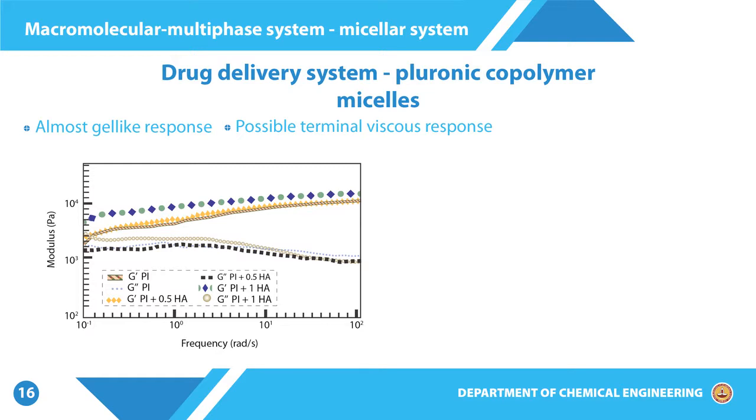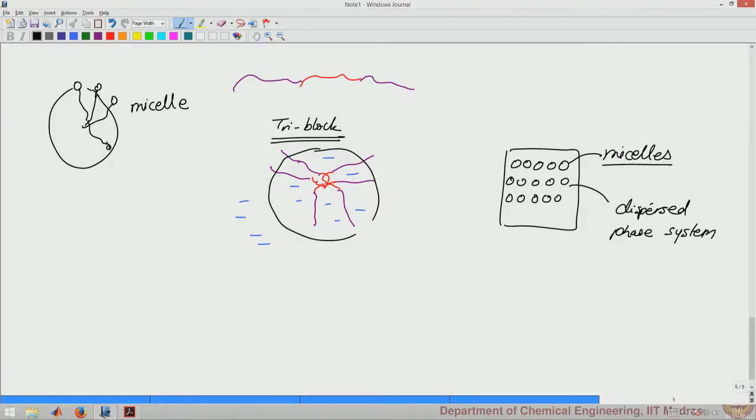One can say that these are pluronic gels that are being studied, and the gel like response is because there is a definitive arrangement of these micelles and they form a mass which cannot be easily sheared, and therefore a gel like response.